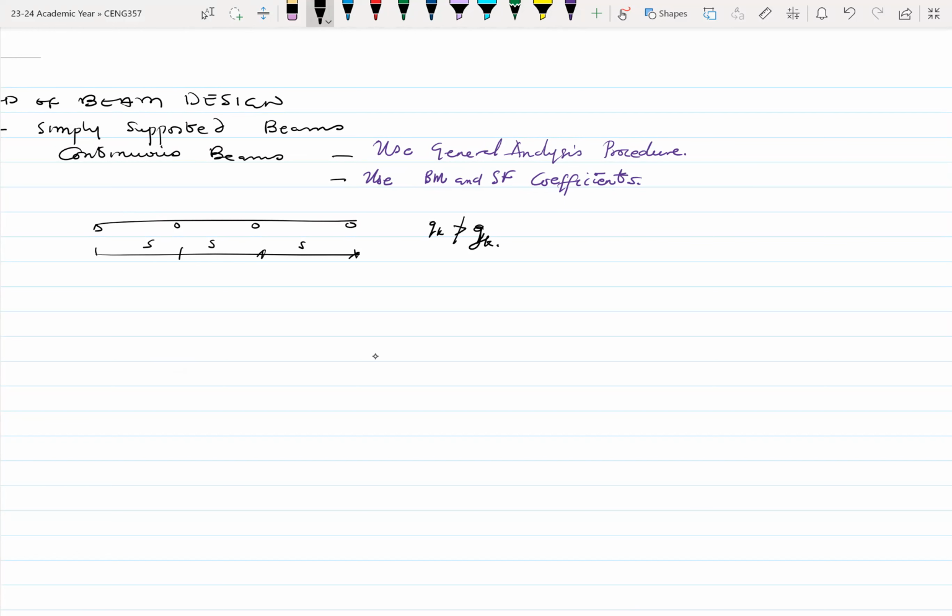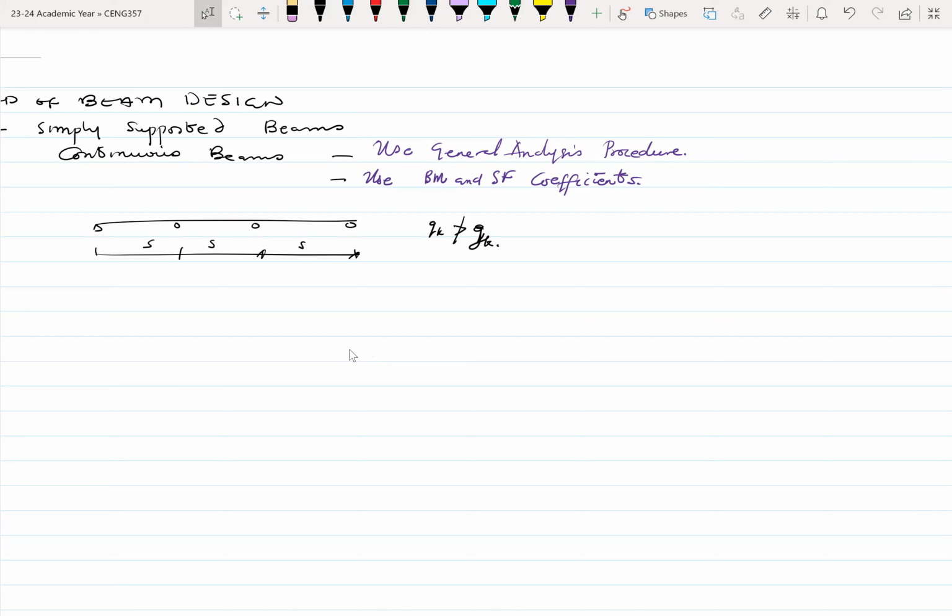So there are some conditions that your beam should first meet before you can use this coefficient option that we have. All right. So if the conditions are not met, then you have to go through the first principles calculation process. You can use that to design the beam for both shear and bending. All right.